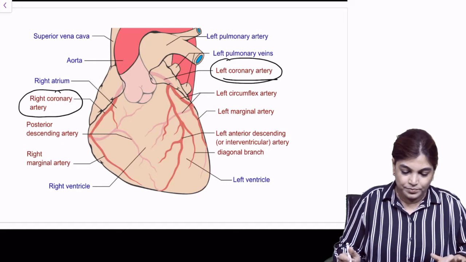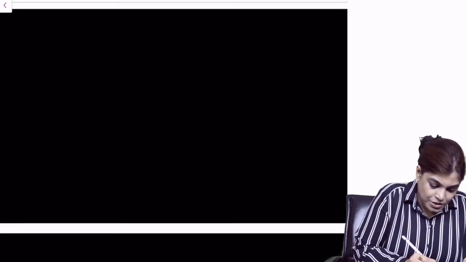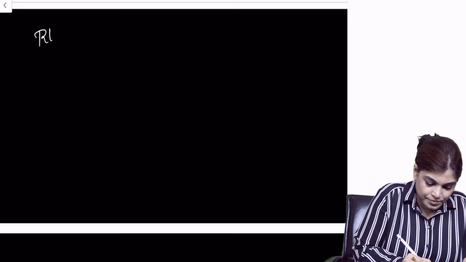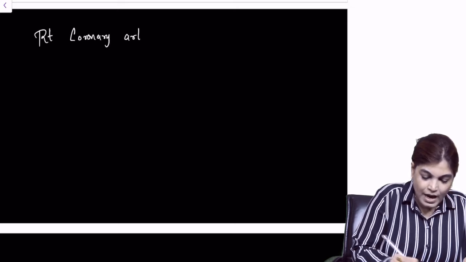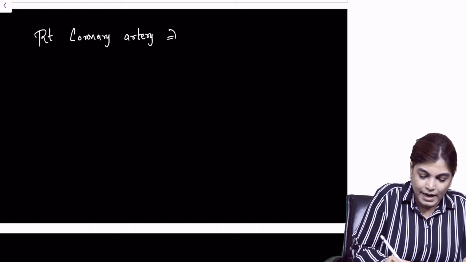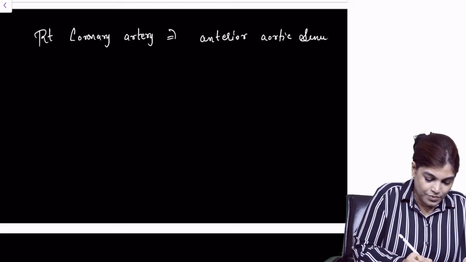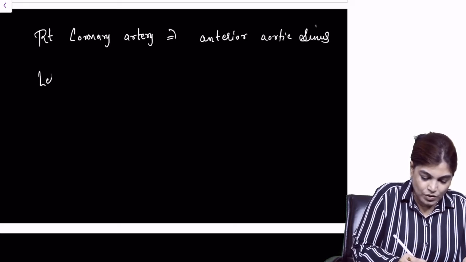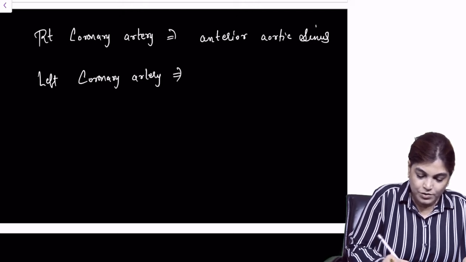So write down. Right coronary artery is arising from the anterior aortic sinus, and when I talk about the left coronary artery, it arises from the left posterior aortic sinus.